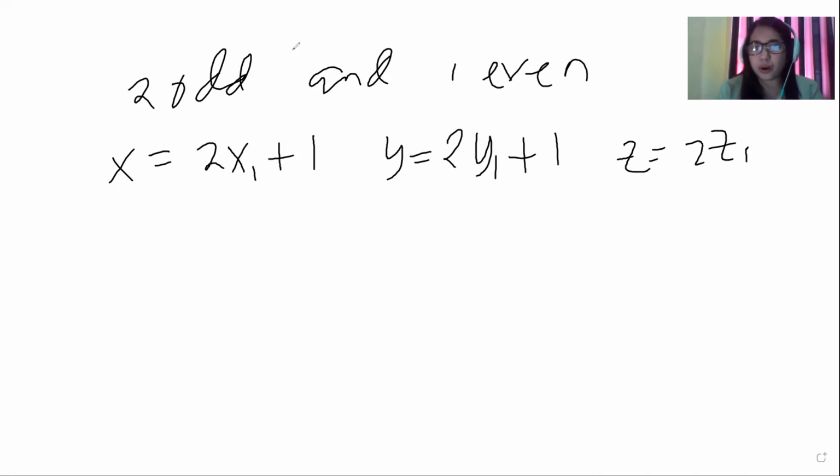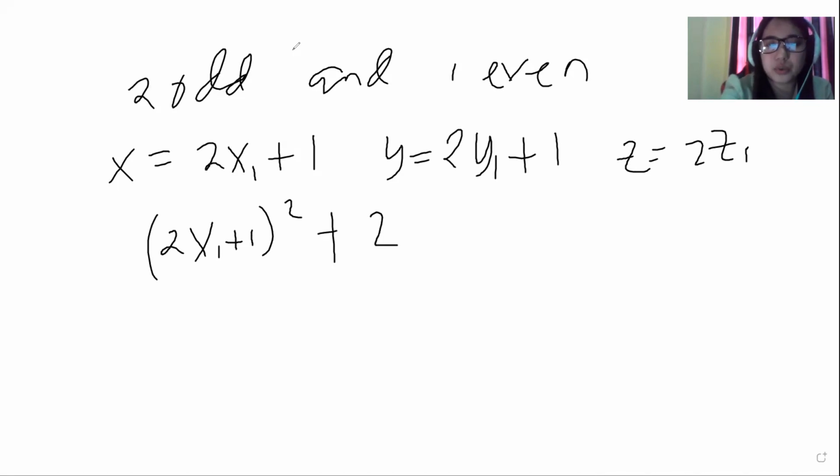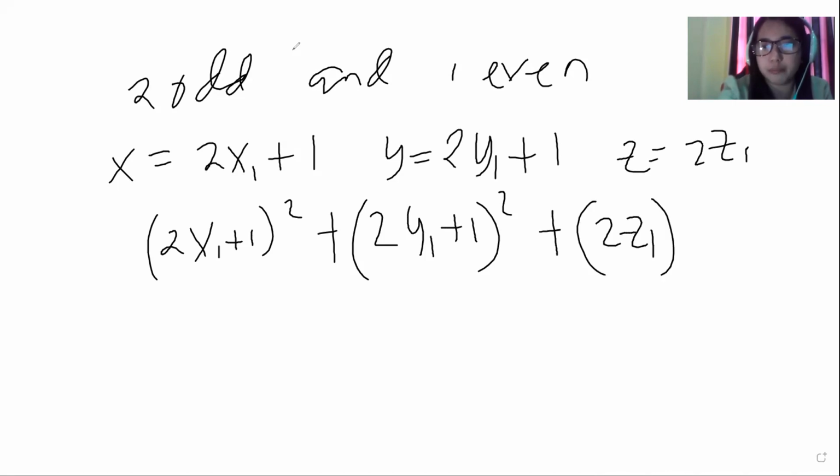Substituting it in our original equation, this will become (2x sub 1 plus 1) squared plus (2y sub 1 plus 1) squared plus (2z sub 1) squared.